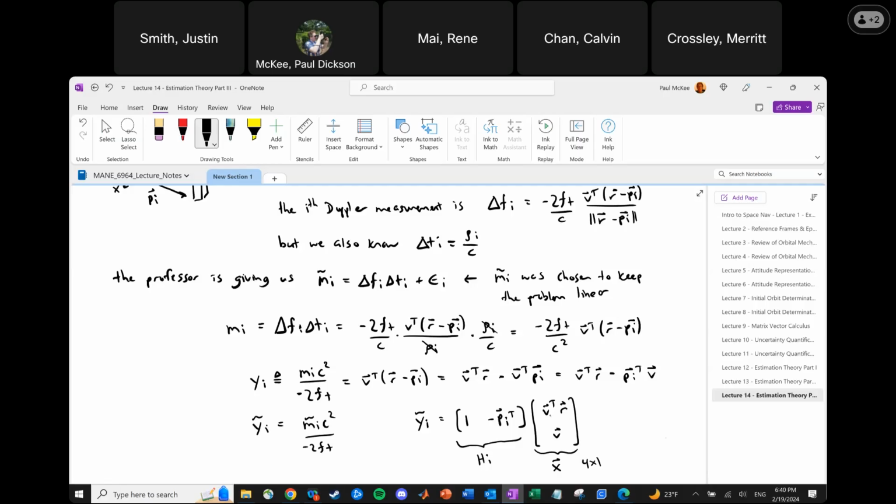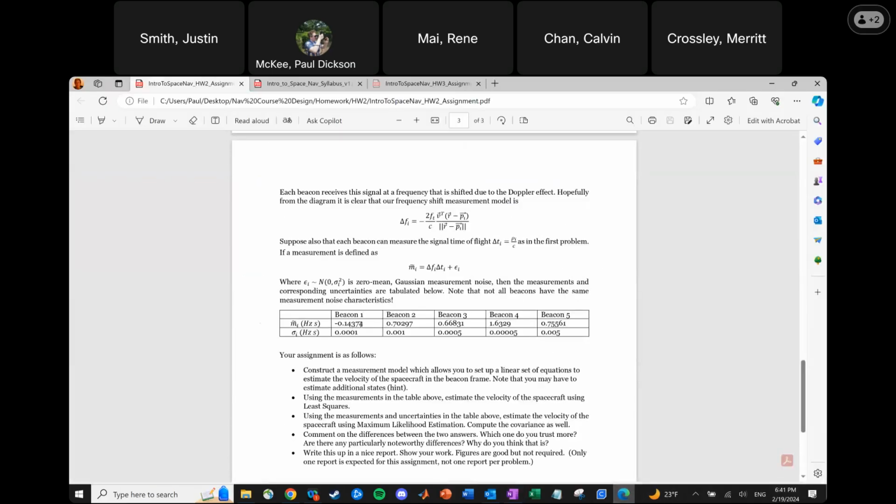Oh, I see what you're saying. Yeah, because M is delta F delta T plus epsilon, but then Y is M scaled by the speed of light squared over -2 transmission frequency. Yeah, now that I think about it, did I do that? How did I do that? Because I give you the M's and the sigmas.